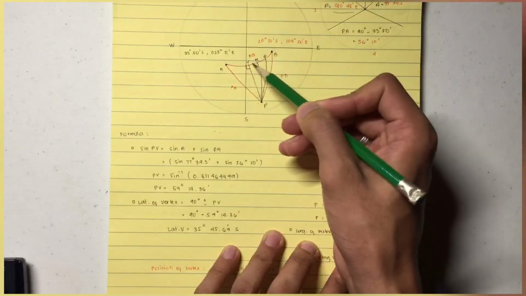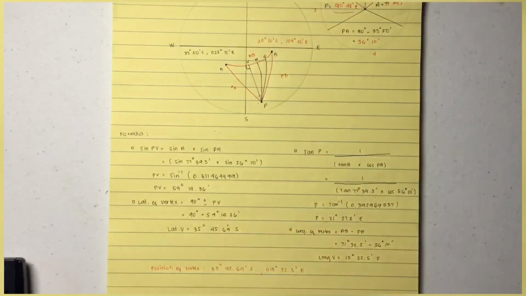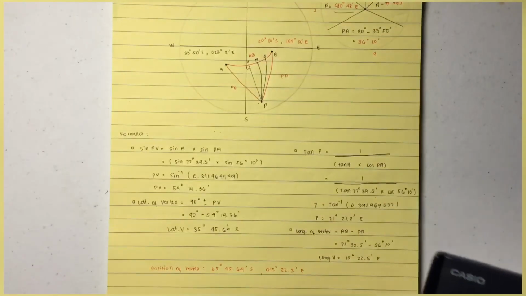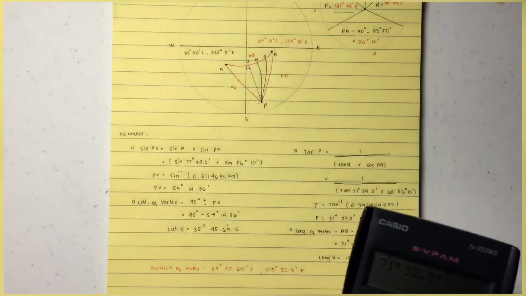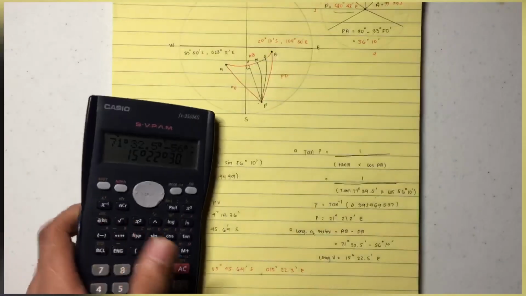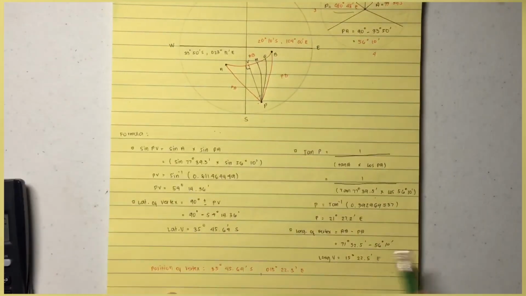So AB subtracted by the value of the PA, which is 71 degrees 32.5 minutes subtracted by 56 degrees 10 minutes. Now we arrive at the value of the longitude of the vertex, which is 15 degrees 22.5 minutes east.